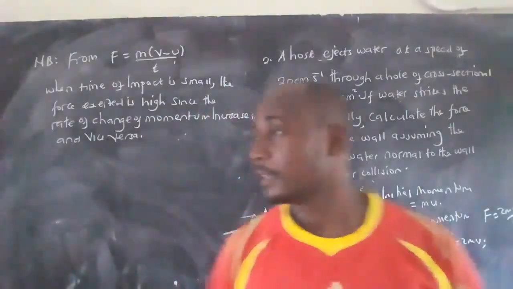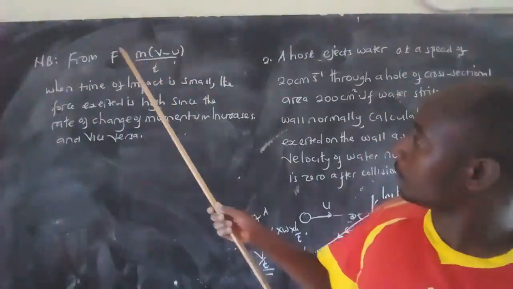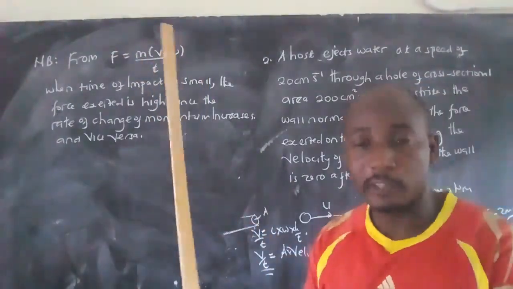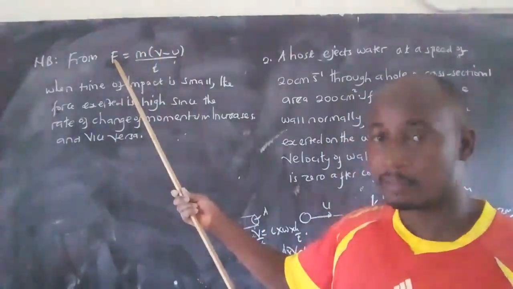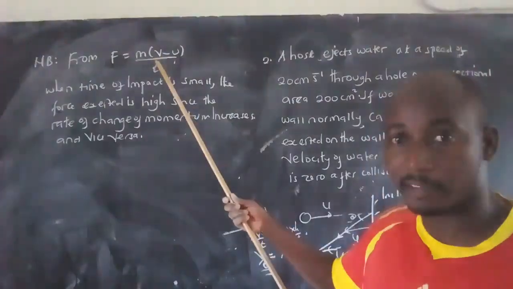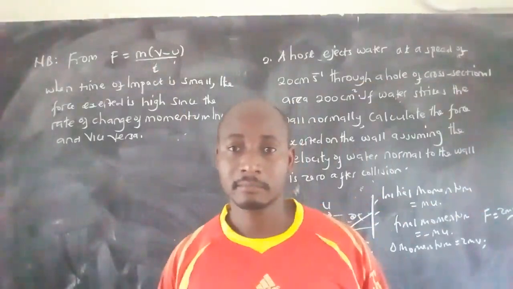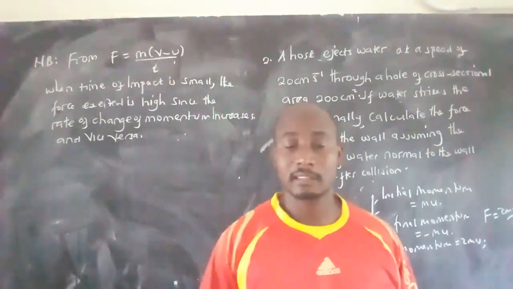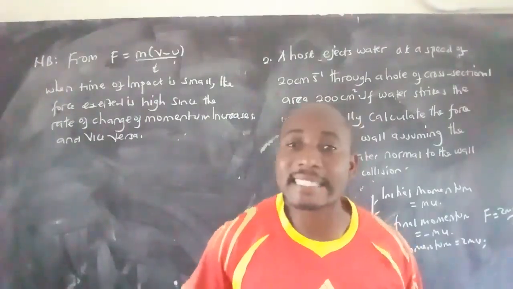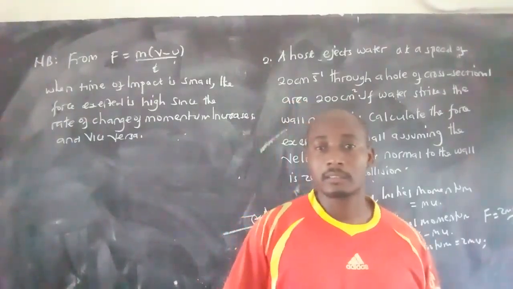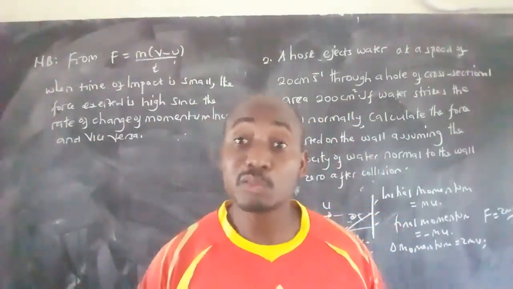Then we shall say, this explains the following. When the time of impact, the time for which the bodies are in contact, is small, the force exerted will be very high, because the rate of change of momentum will be very high. So this explains the following. One: the long jumper lands on sand in order to increase the time for which the body is being brought to rest.